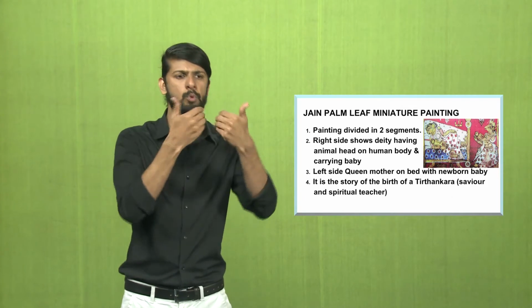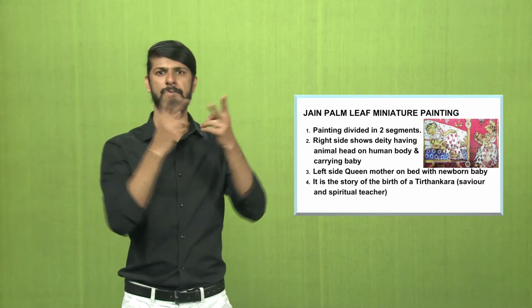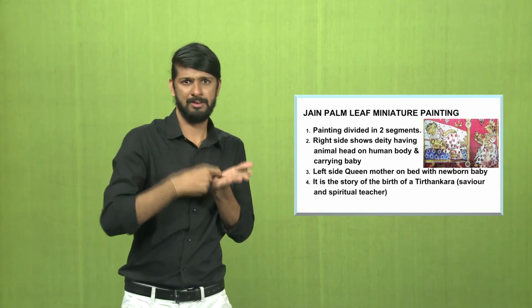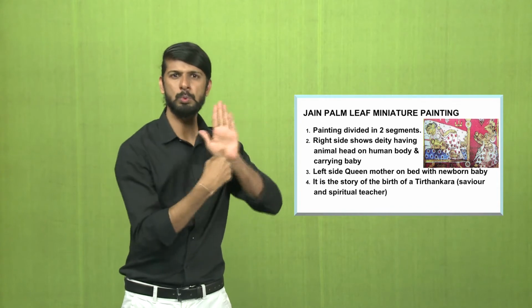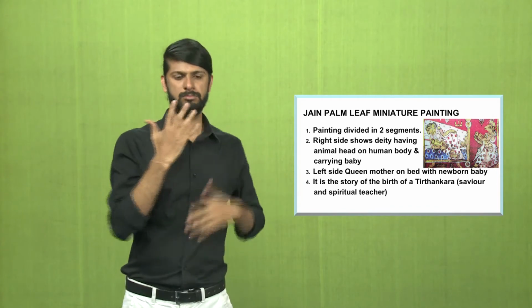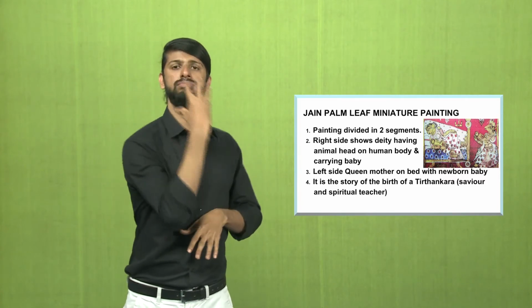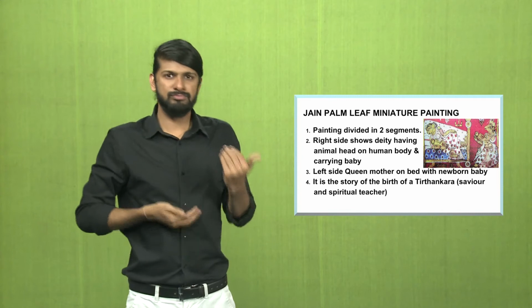This painting is divided in two segments. On the right side, you would see a deity having a human body, but the head of an animal, and is also carrying a baby.